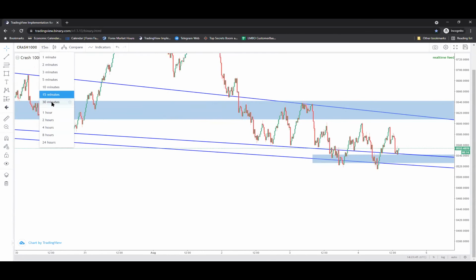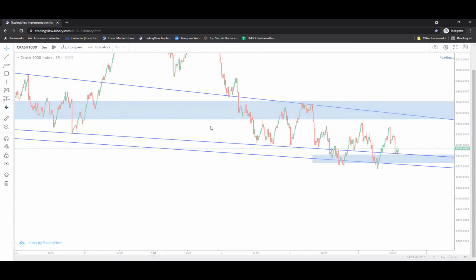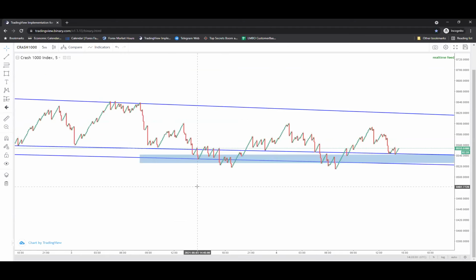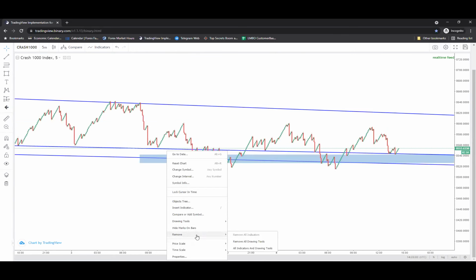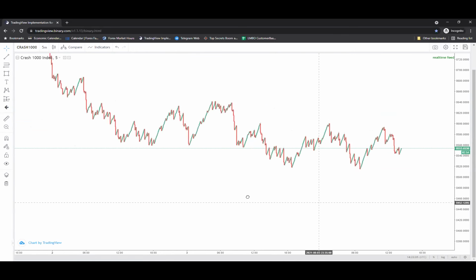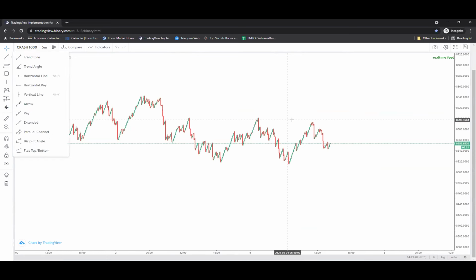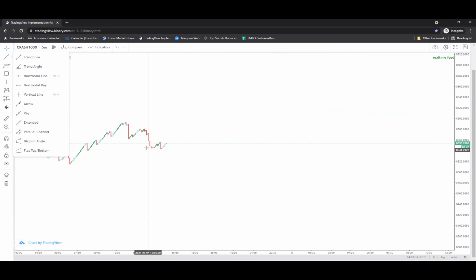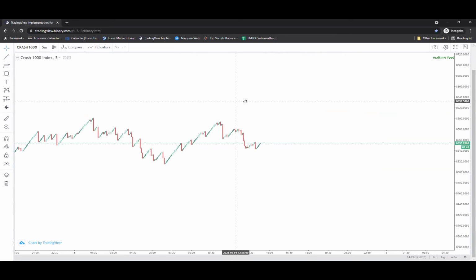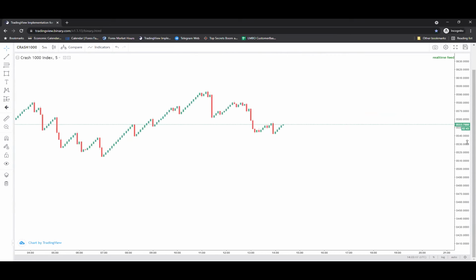Right? Now let me show you another trick on the 5 minutes. If you are working on the 1 minute or 5 minute chart for scalping, you see this first spike, right? As soon as you see the second spike, you draw a trend line. Immediately you draw a trend line.